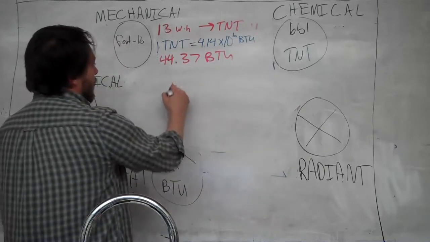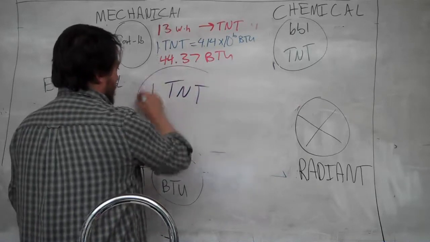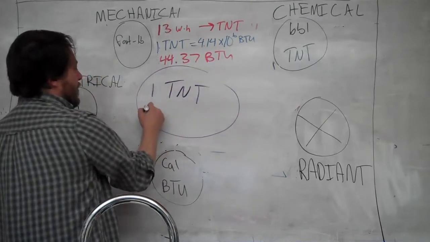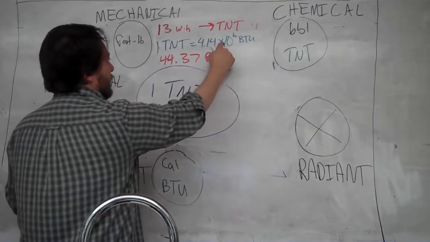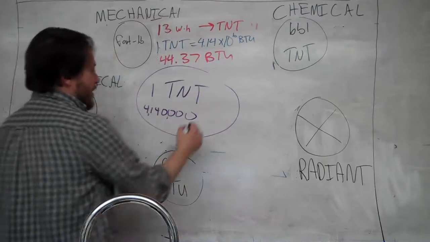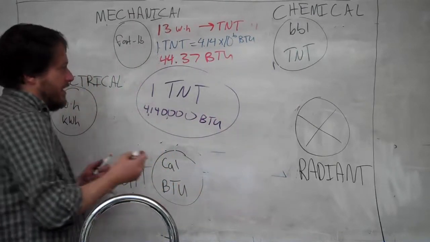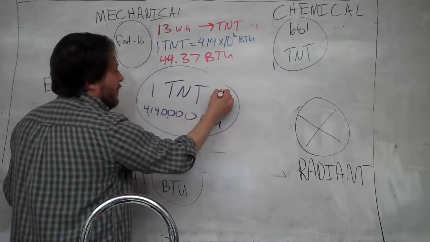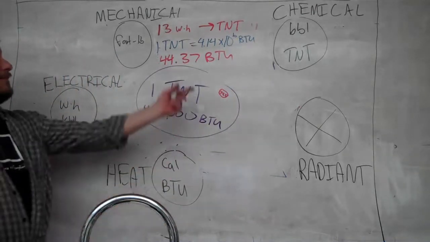If one ton of TNT is 4,140,000 BTU, and we have 44.37 BTUs, we don't even have 1.